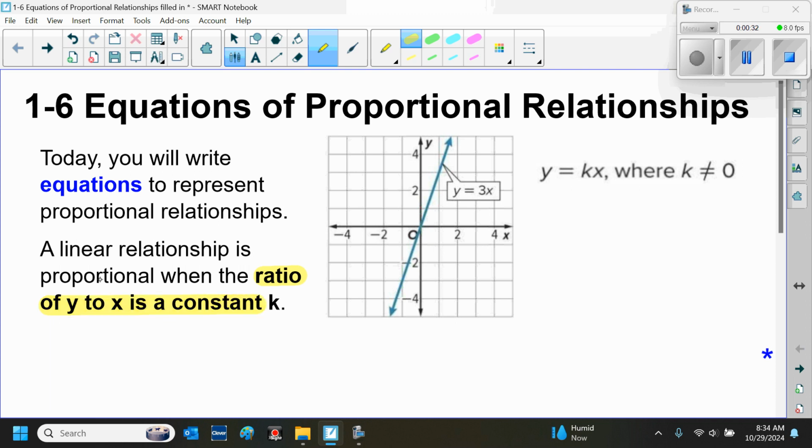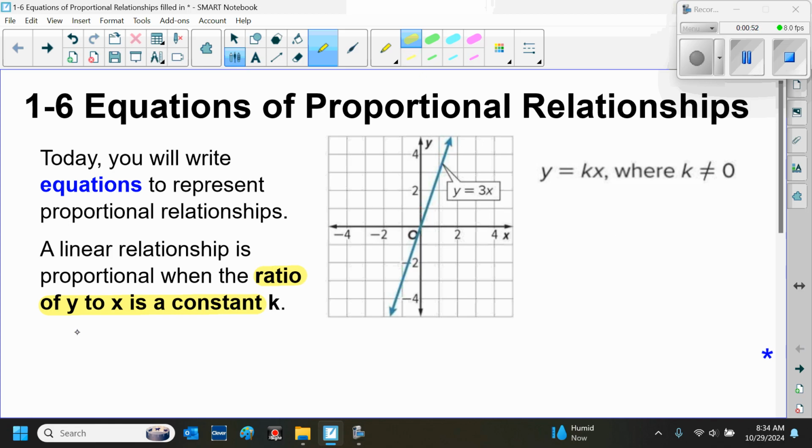What that means is that the fractions are equivalent for every y over x.